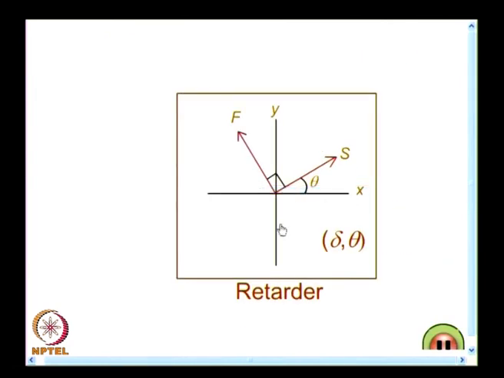for clarity, when I take a retarder, I will recognize a retarder having two axes. I will label one of them as slow and one of them as fast, and I will find the angle theta of the slow axis with respect to the horizontal.